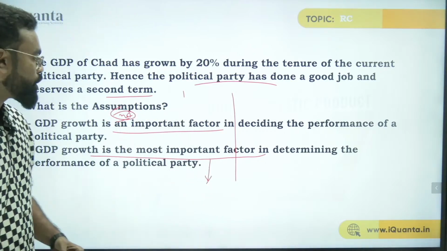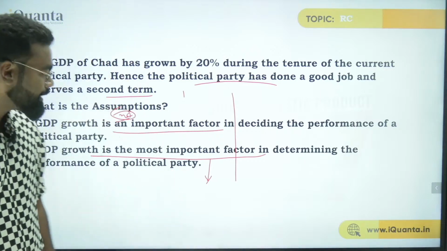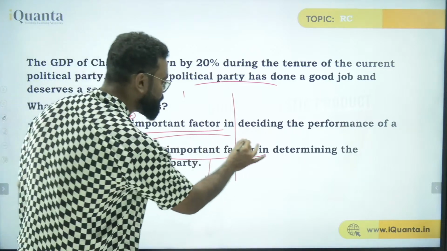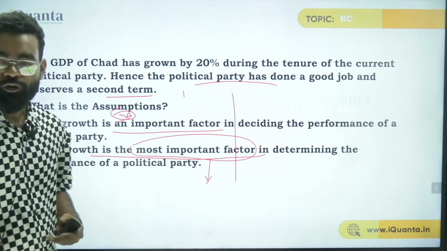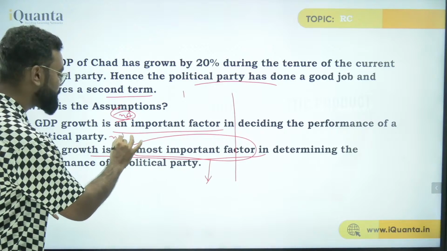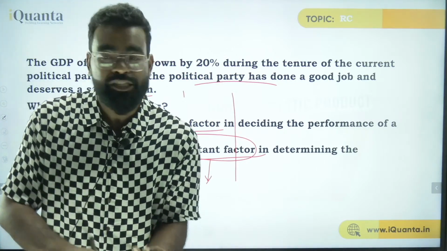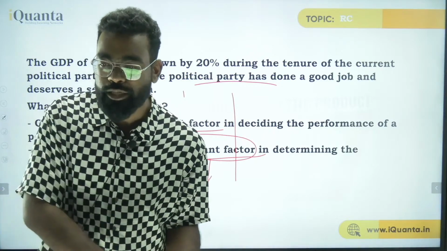The next thing is that GDP growth is the most important thing. If I negate it and say GDP growth is not the most important factor, then it can still be an important factor. It is not the most important, but it is the second most important.